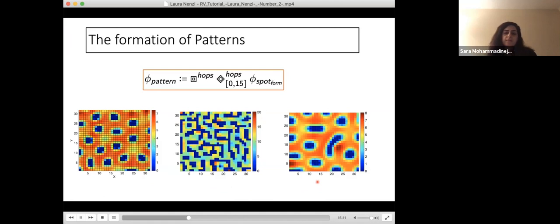If we check this property on these different spatio-temporal trajectories, we can see that only the first one satisfies the property. Instead, if we check just the formation of spot property, particularly the last one has several locations that can still satisfy the property.